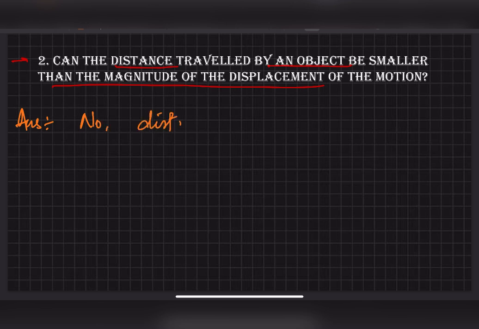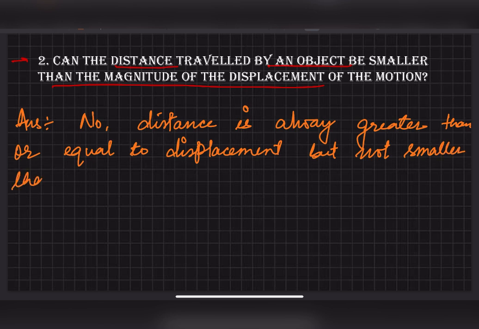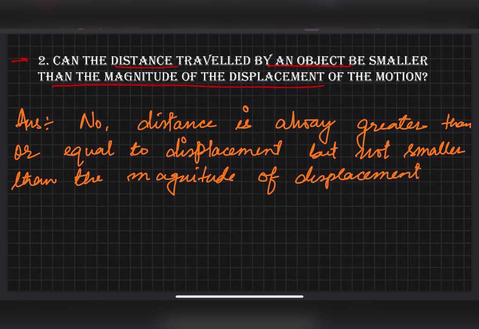Distance is always greater than or equal to displacement, but not smaller than the magnitude of displacement.